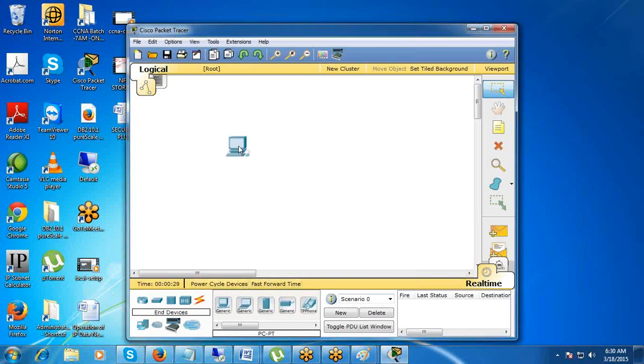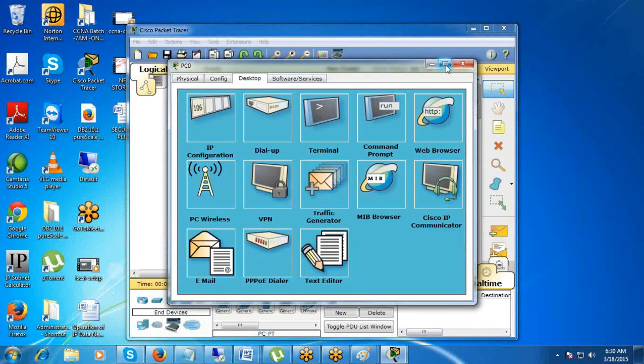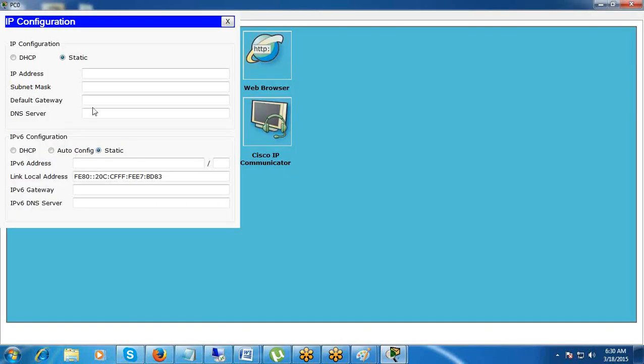Suppose you take a system and go to the system properties. In the system properties, in the IP address, what things are there? One is the IP address and the second one is the subnet mask. These two parts are okay now? Yes. Now what is the default gateway?